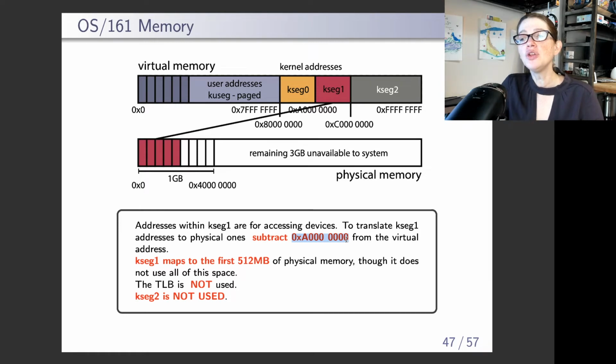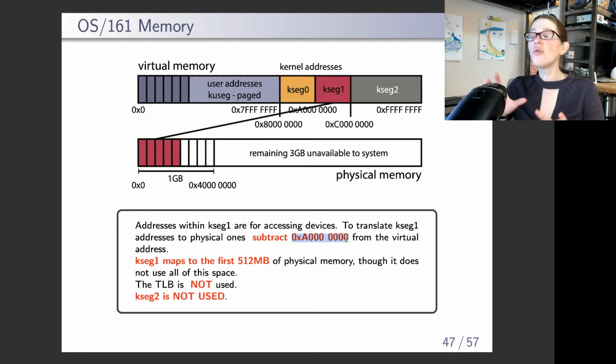And so the kernel knows that whatever kseg1 addresses we need to use cannot be used by kseg0. And in fact, as we will see, very few kseg1 addresses are actually used, such that the OS 161 kernel would never use those addresses anyway. So we're prevented from doing that.